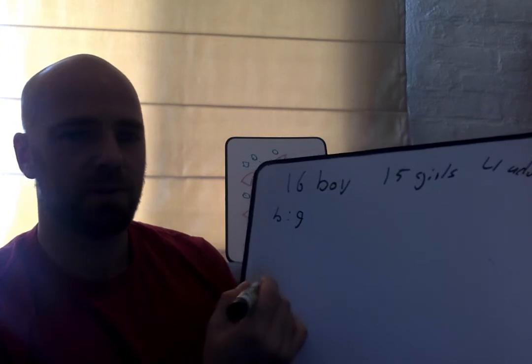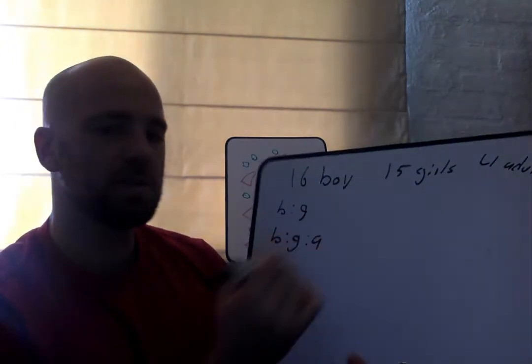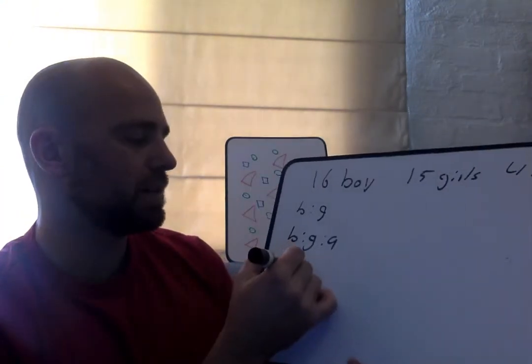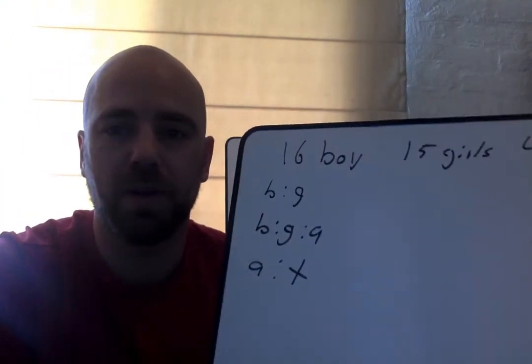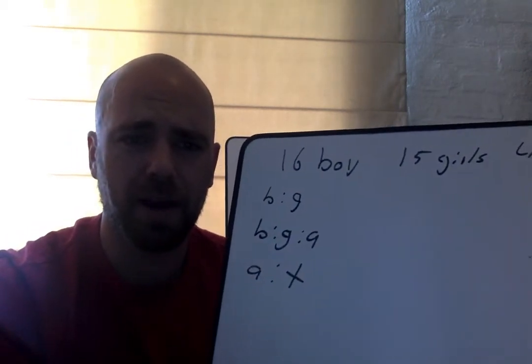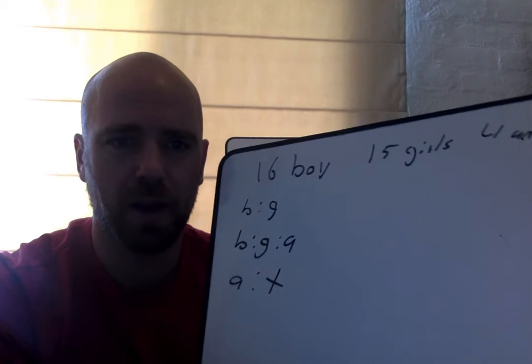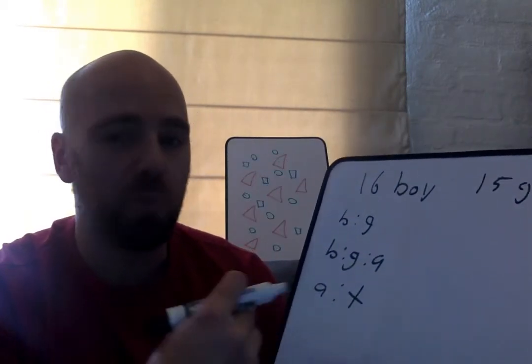I want you to show me a comparison of boys to girls to adults. And then I want you to show me a comparison of adults to the total number of people at the party. Feel free to pause it and then come back, and then we're going to go through the answers.